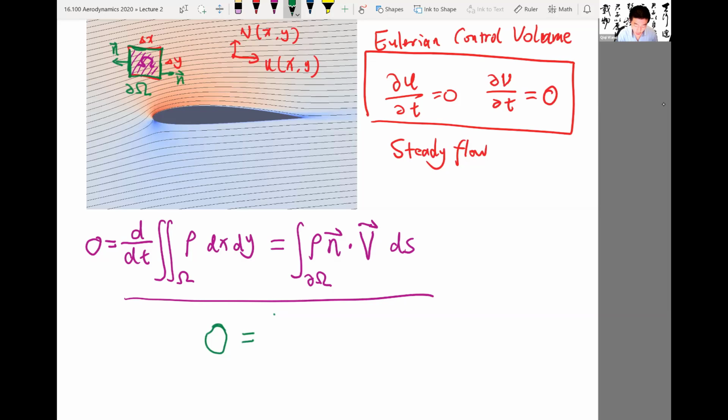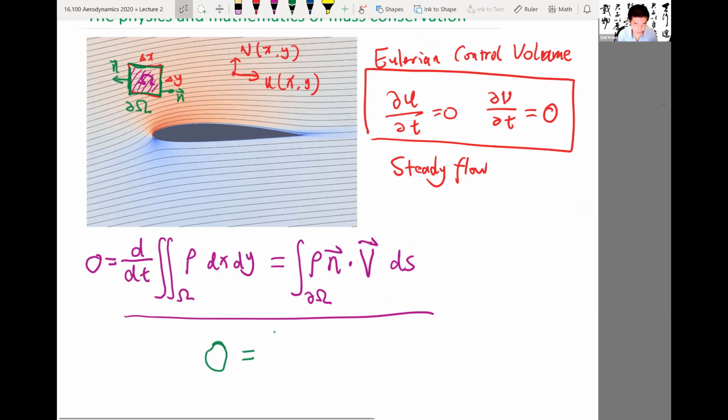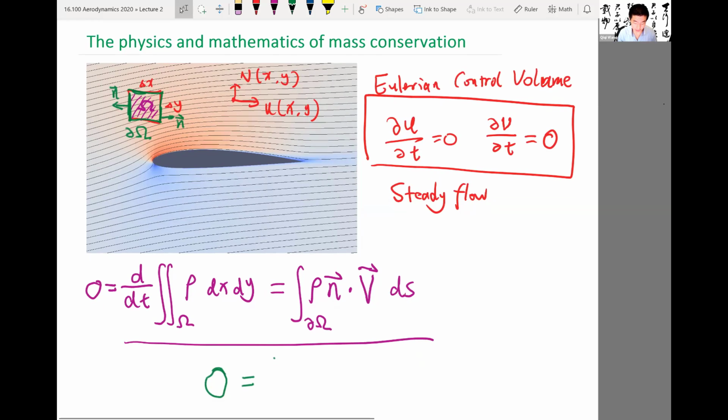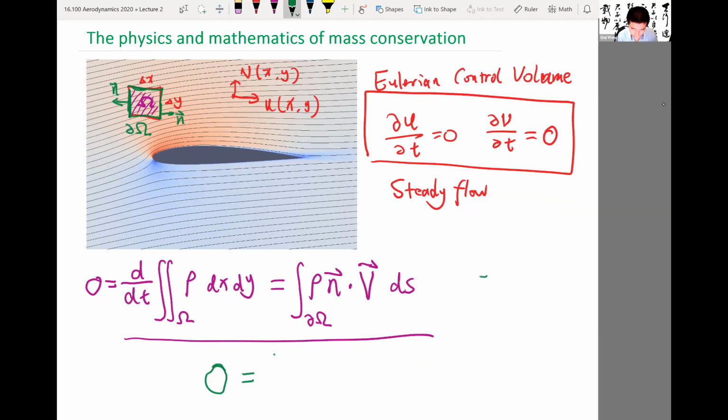And let's also assume that because we are looking at an incompressible flow field, we assume our density is a constant. A constant density is nice because we can then pull the rho out of the integral.